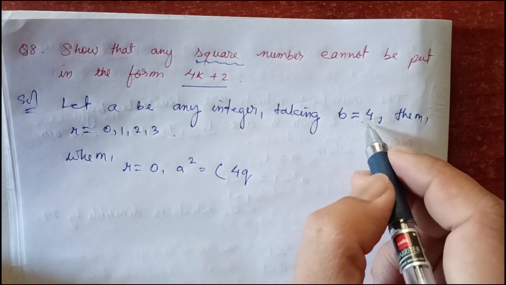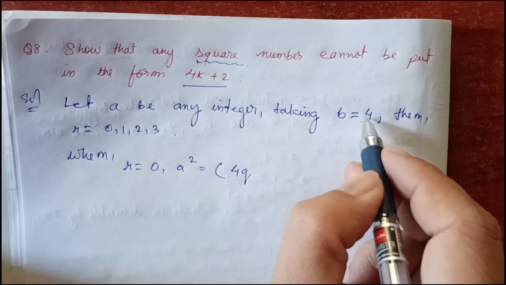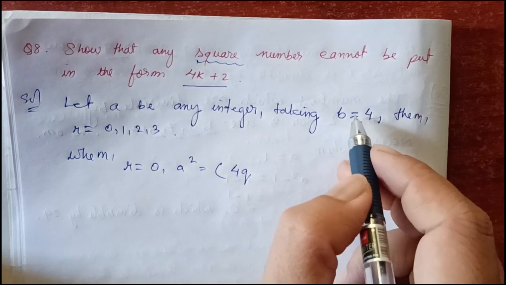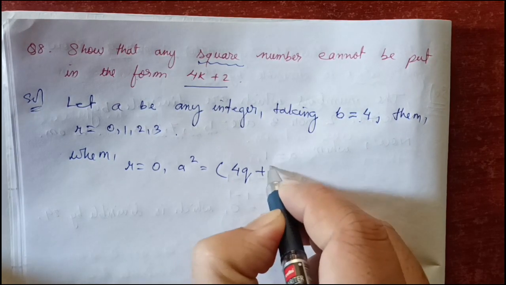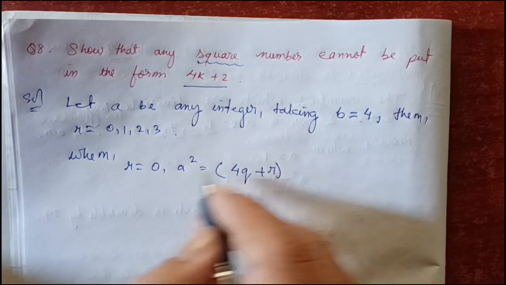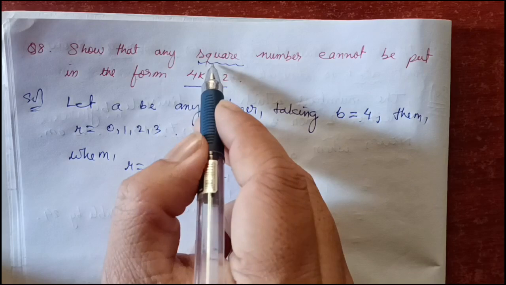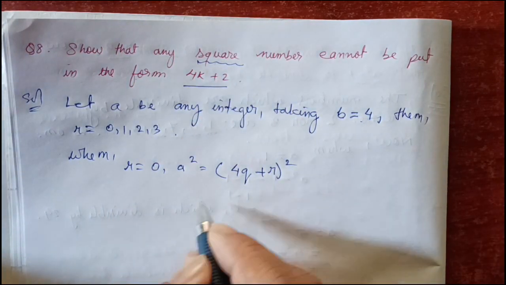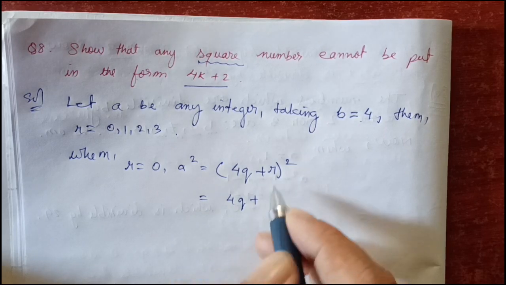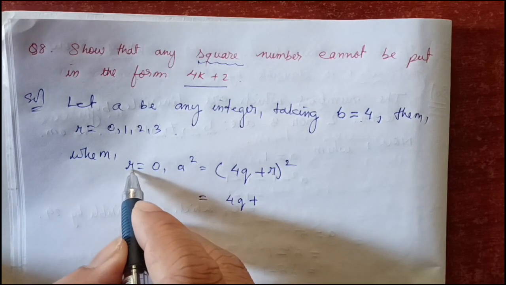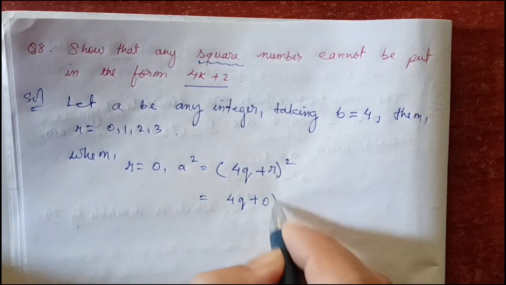If the b value is 5, 5q. If the b value is 6, 6q. In our question, the b is 4. That's why 4q plus r. So it should be square. The question says take square, so we write square. It's very easy. 4q plus r. What is our r value? R value is 0.